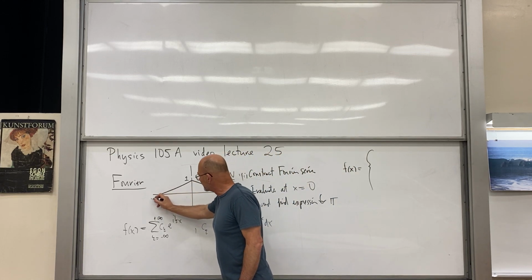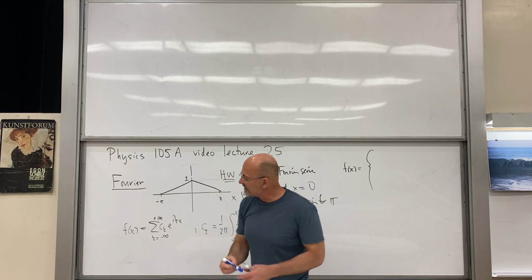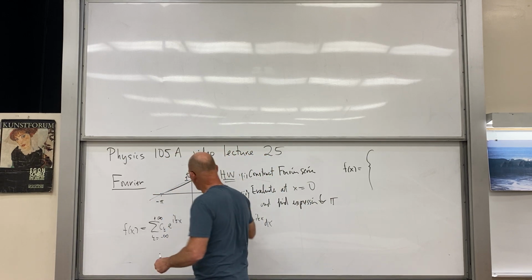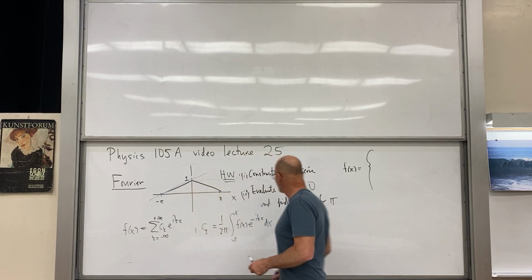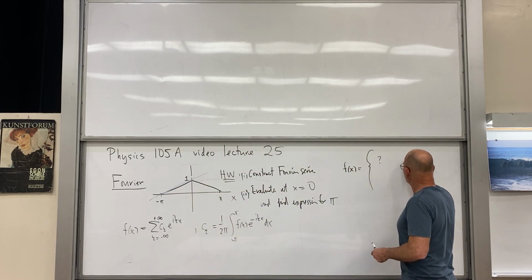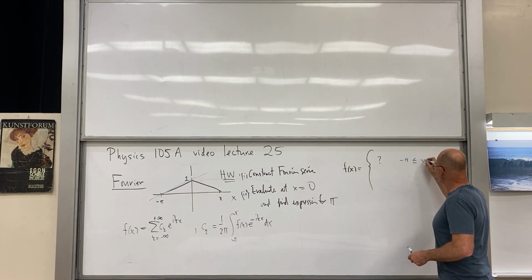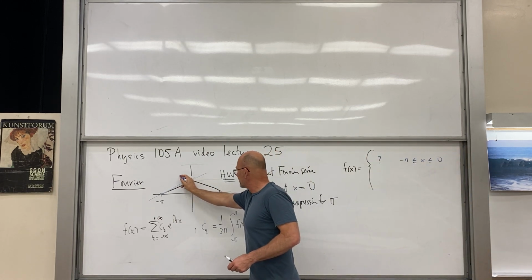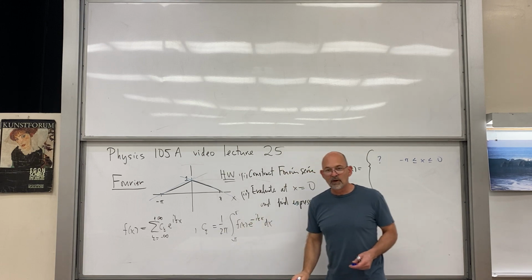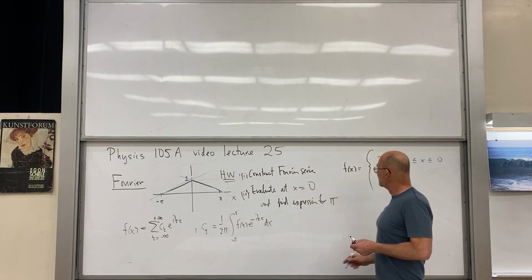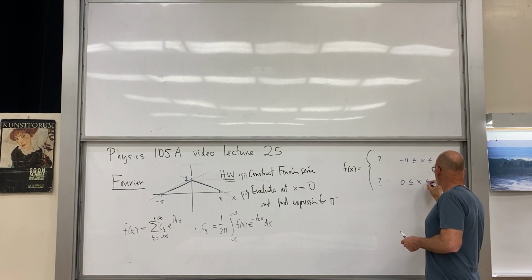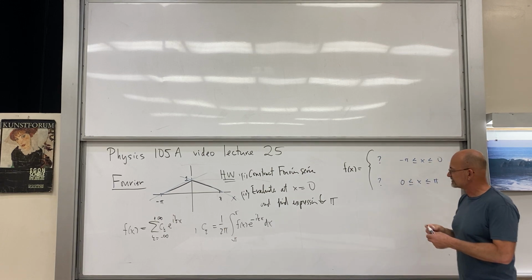So the first thing you have to do is get the equation of this line, okay? Get the equation of this line for minus pi to pi. So minus pi less or equal to x less than 0. And then you have to get the equation of this line, just point slope formula, make sure you got it right. And that'll be for 0 less or equal to x less than or equal to pi.